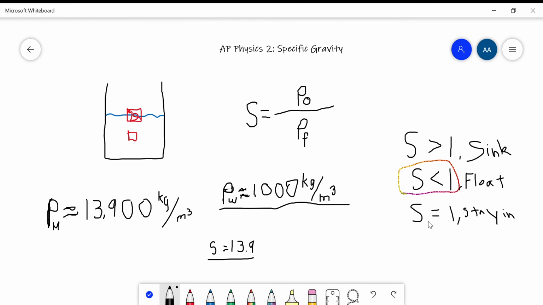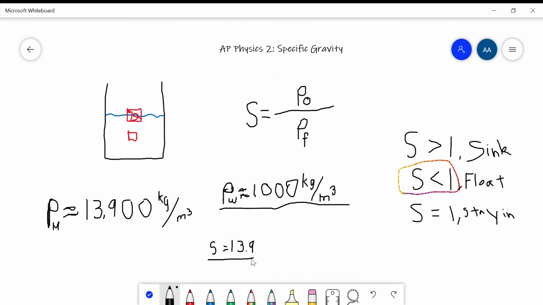So the S here is 13.9. If you divide rho of mercury, which we put in place of rho object, by water in place of rho fluid, then we get 13,900 over 1,000, which is 13.9. As I said before, specific gravity doesn't have any units, because the units cancel out.